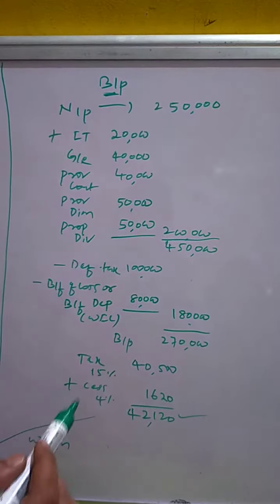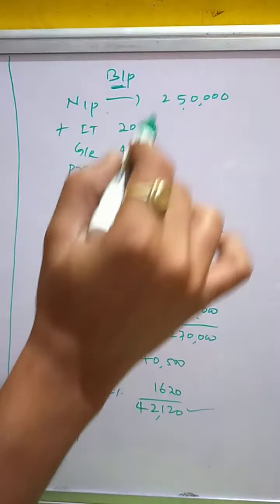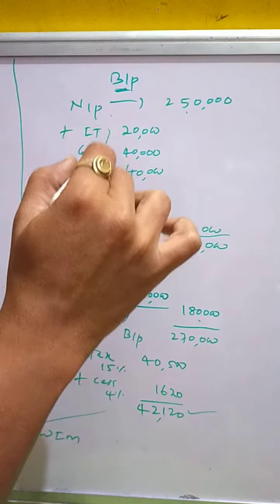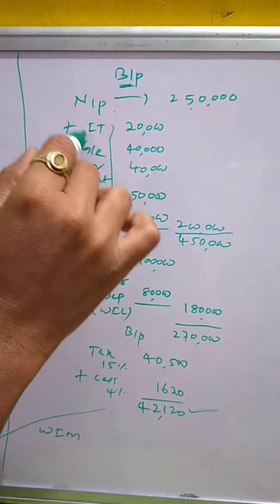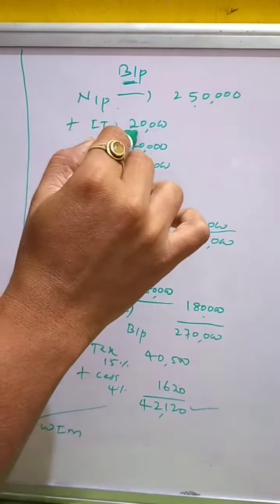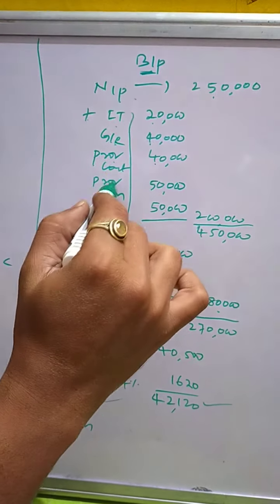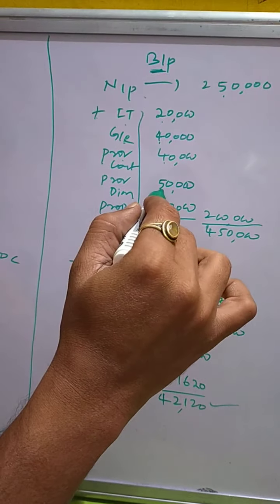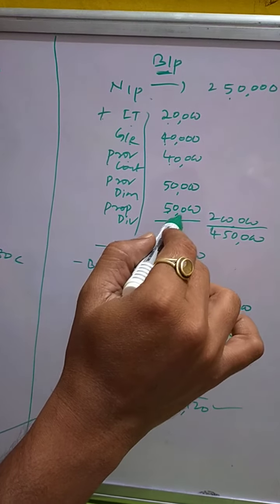Again the same procedure. Net profit of 2,50,000 you take as it is. Add inadmissible expenses, which you will find on the debit side of the P&L account: income tax, general reserve, contingency provision, provision for diminution; all the provisions are inadmissible. Proposed dividend 50,000.